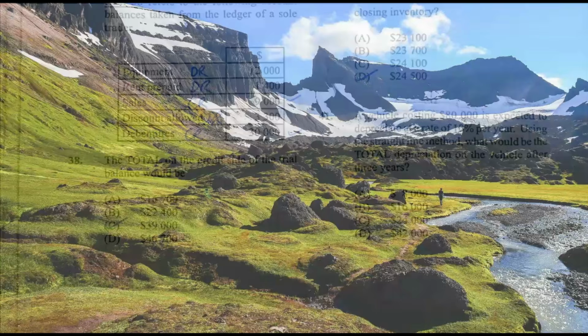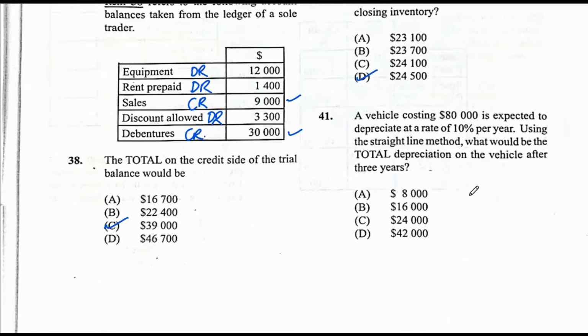Let's do some workings for that. Depreciation is a constant amount in terms of the straight line method, a constant amount of depreciation every year. They're giving us a figure of 10%, so our yearly depreciation will be 8,000. We are looking to depreciate this asset for 3 years.